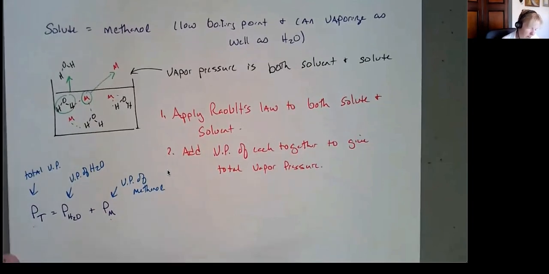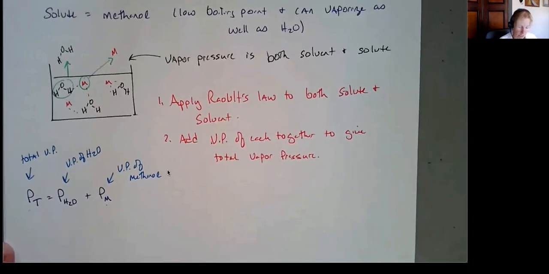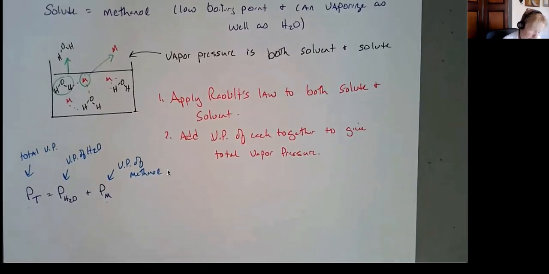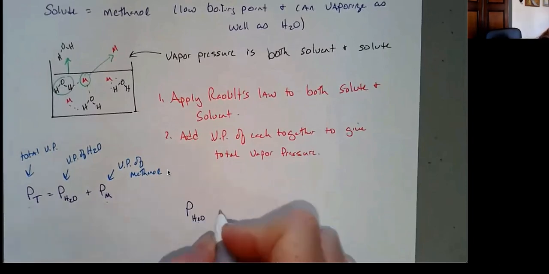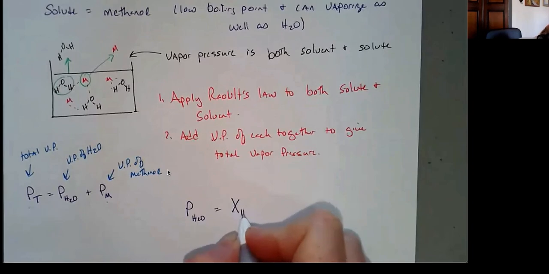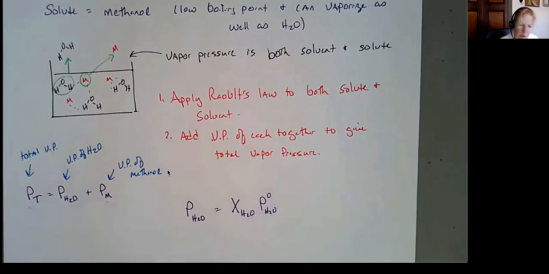So this is a scenario where I'm going to use Raoult's law twice, right? I'm going to calculate the vapor pressure of water by looking at the mole fraction of water and the pure vapor pressure of water.